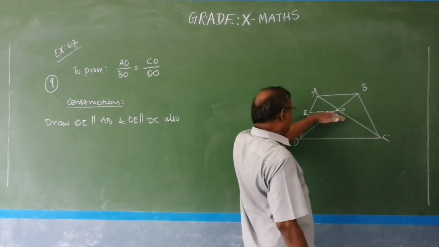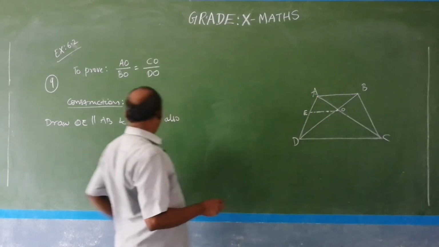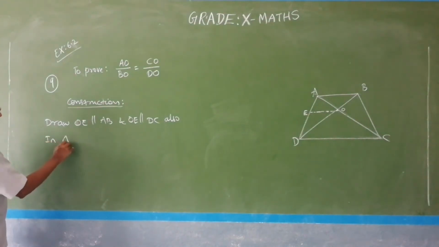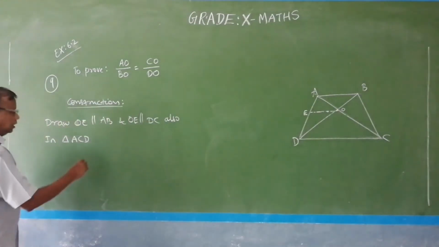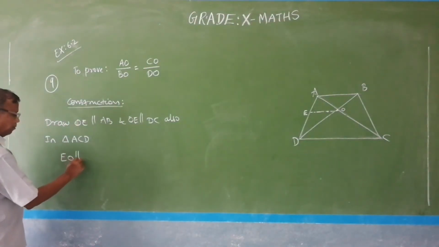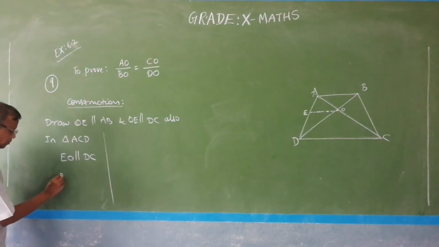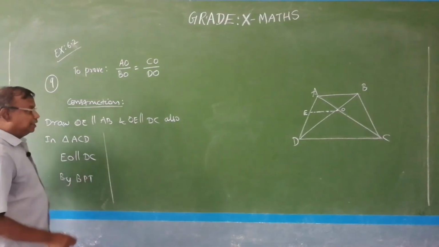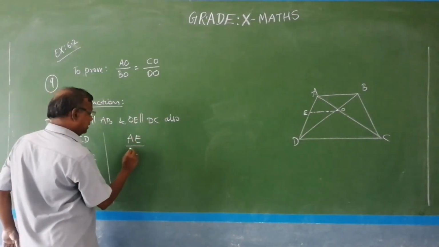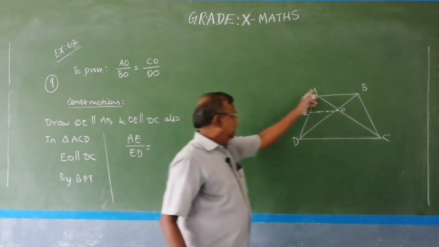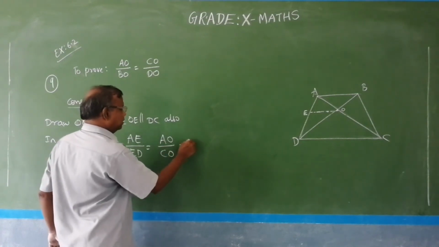Here we have EO parallel to DC. Therefore, by BPT, the basic proportionality theorem, we have AE by ED equals AO by OC, or AO by CO. Say this is 1.